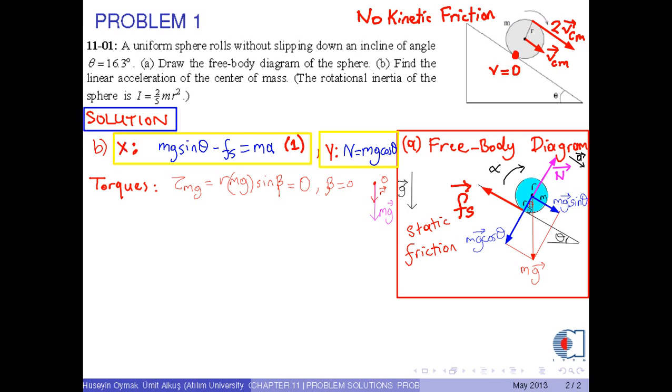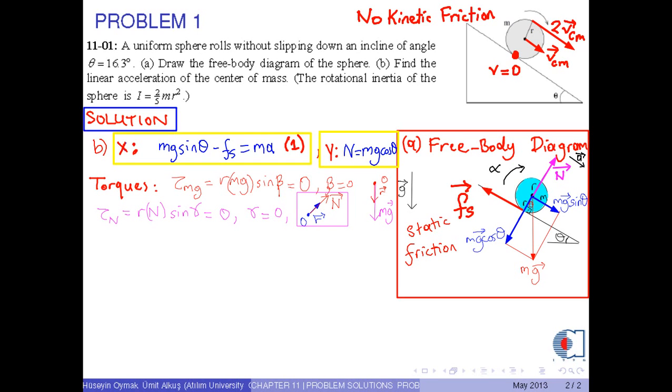That is, the extension of the gravitational force passes through the rotational axis, that is O. The torque on the sphere due to the normal force is tau N equals r times N times sine gamma, which is equal to 0, because gamma is 0. In other words, the extension of the normal force passes through the rotation axis O.